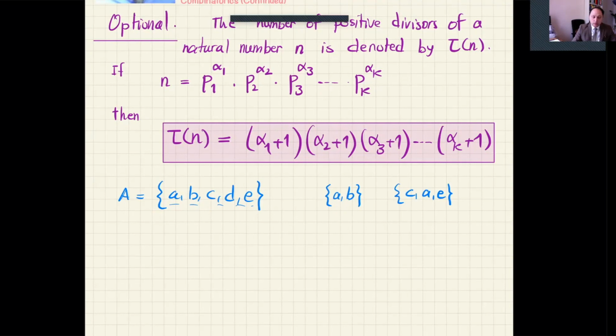So you know that in total there are 32 of them. In principle, it's not hard, even though it's a little bit tedious. You can list all of them and start counting. Count how many of them have an even number of elements, and then count how many have an odd number of elements.